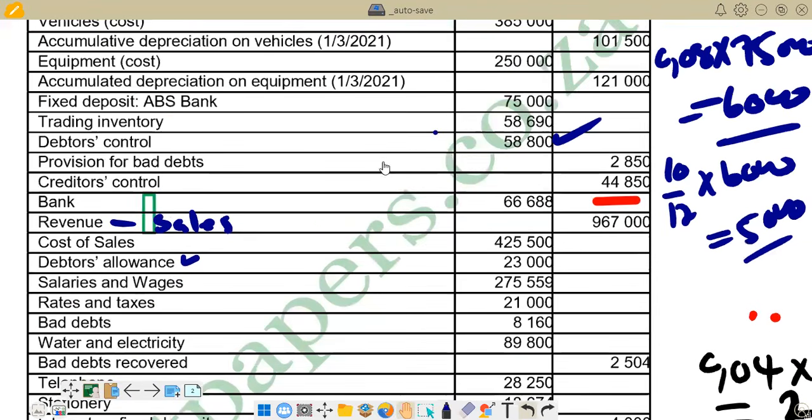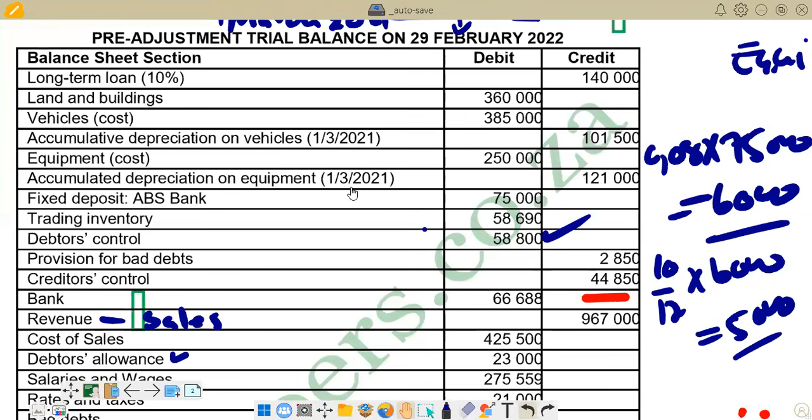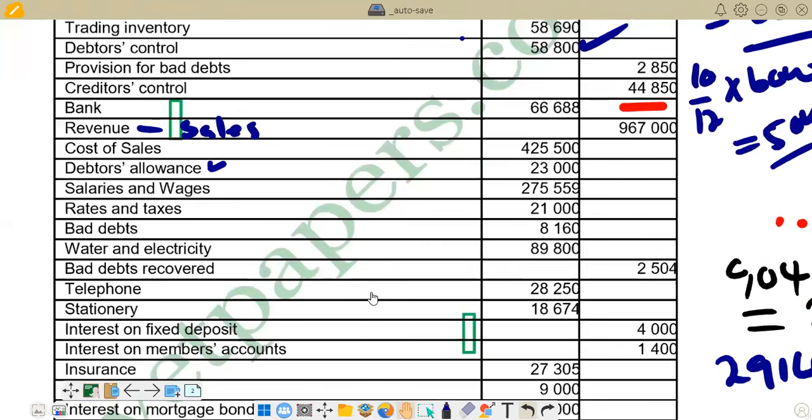We go back to the details of the mortgage loan that we have in the question. We have a mortgage loan. There it's 10% of 140,000. That's our interest.